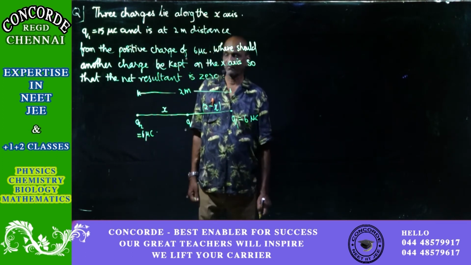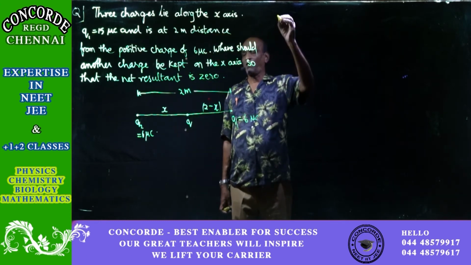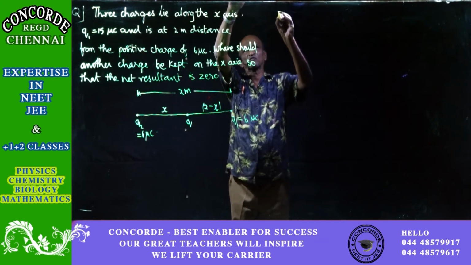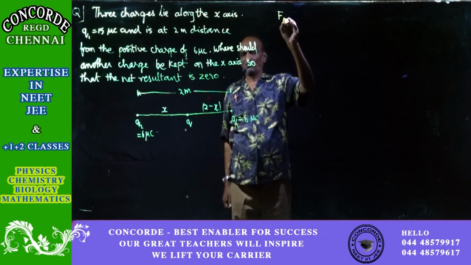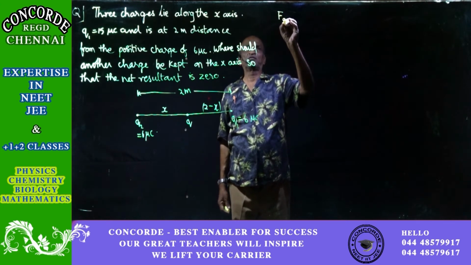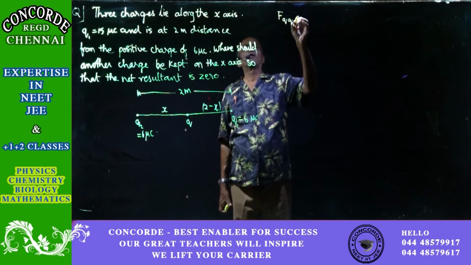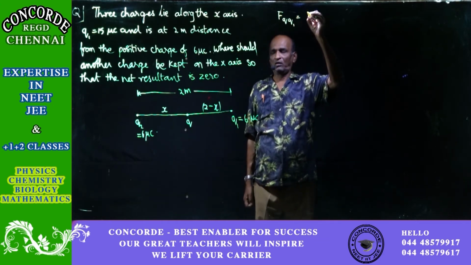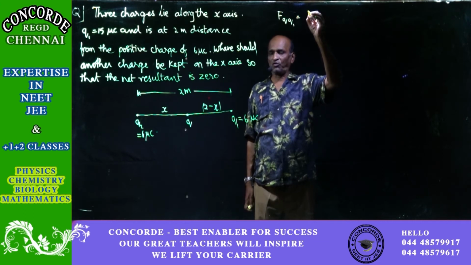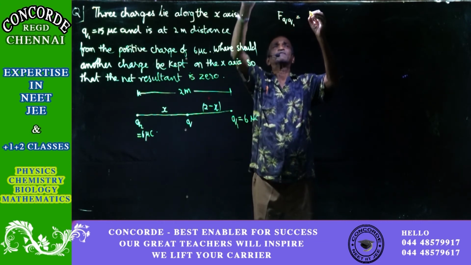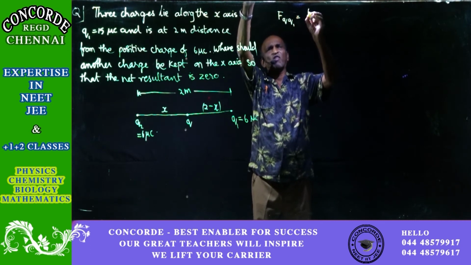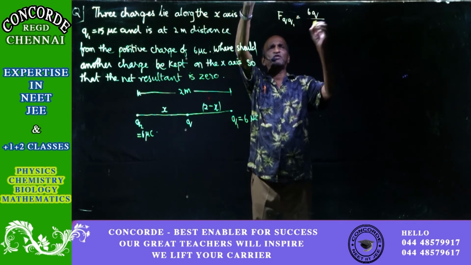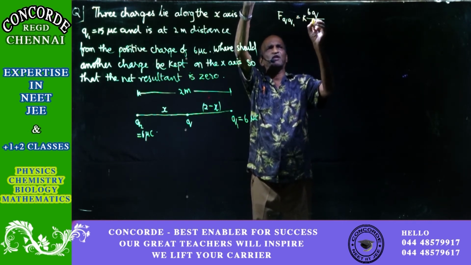So where means we have to find x or maybe 2 minus x. So for that, what we have got is the force between Q1 will be equal to, well, Q1 is 6. Then the other charge, leave it as Q itself. Of course, K also is there, will get cancelled anyhow.